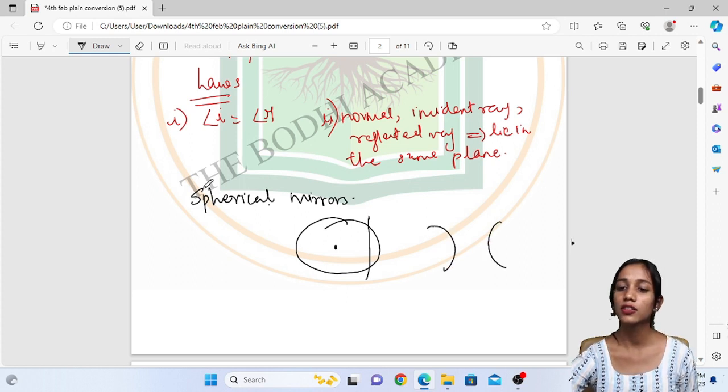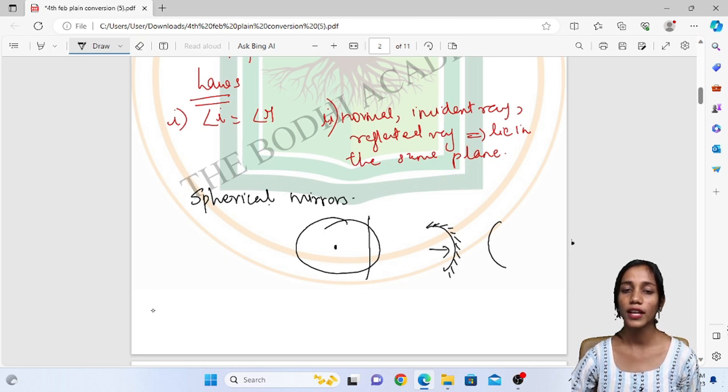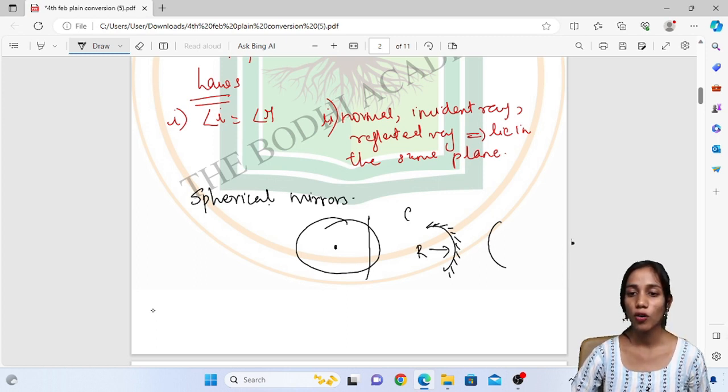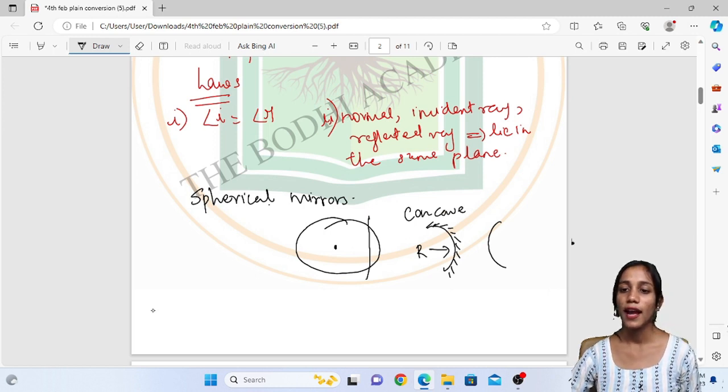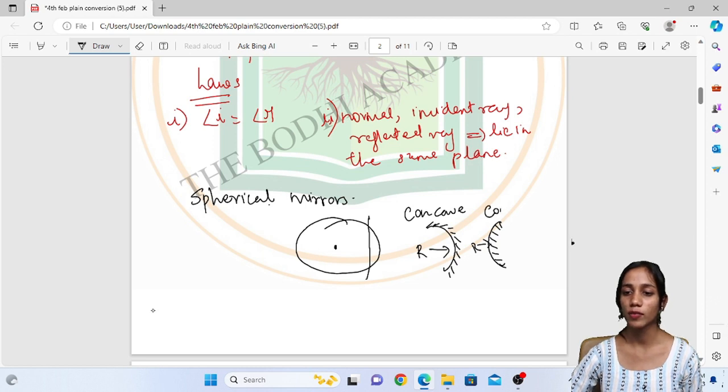The one with the reflecting surface curved inwards is called the concave mirror. And the one with the reflecting surface curved outwards is called the convex mirror.